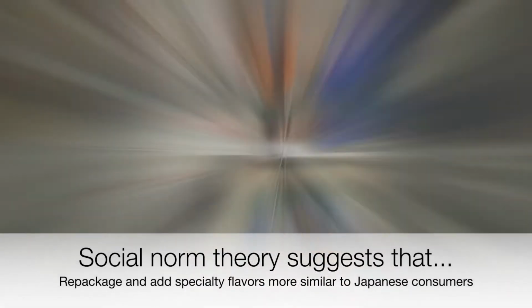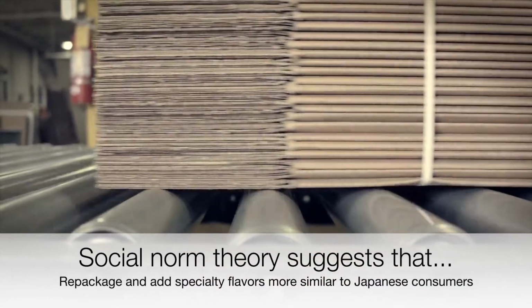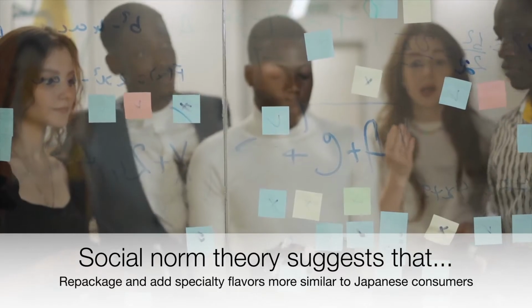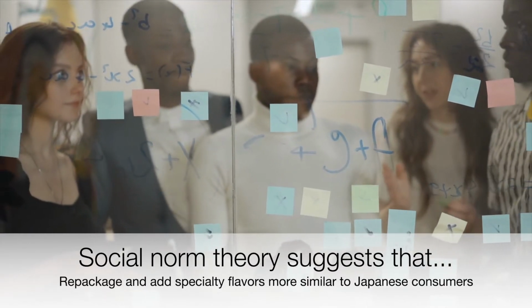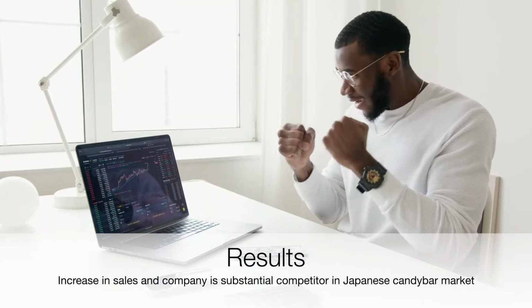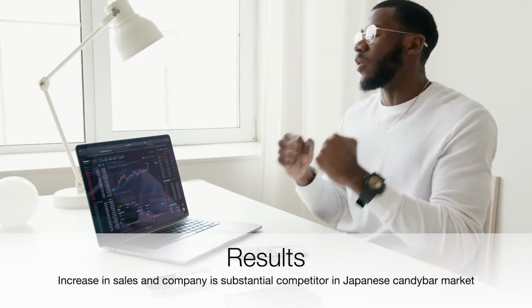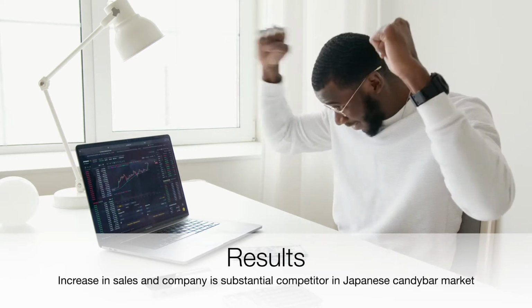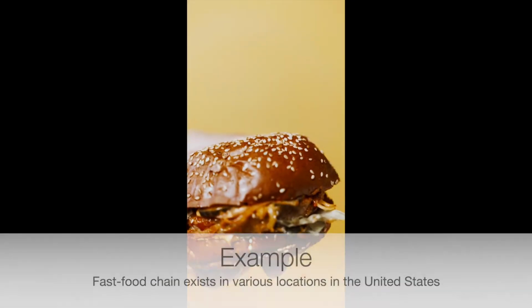A researcher applied the social norm theory and informed the company to revise the candy bar wrapper and introduce flavors similar to the people in that region of Japan. And as a result, the company recognized a significant increase in sales and is now a substantial competitor in the Japanese candy bar market.